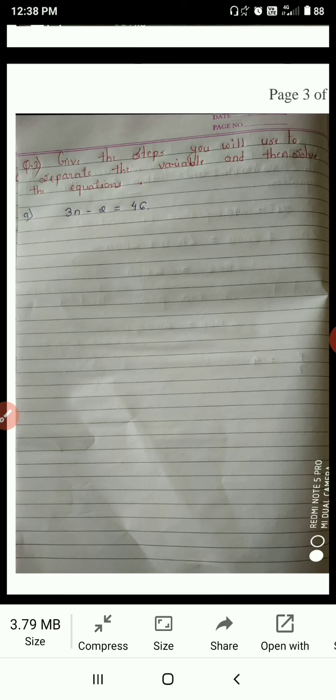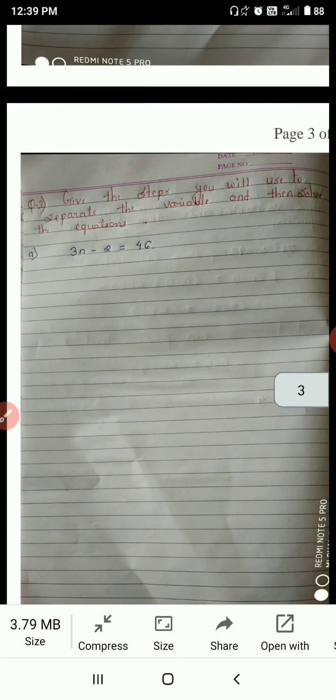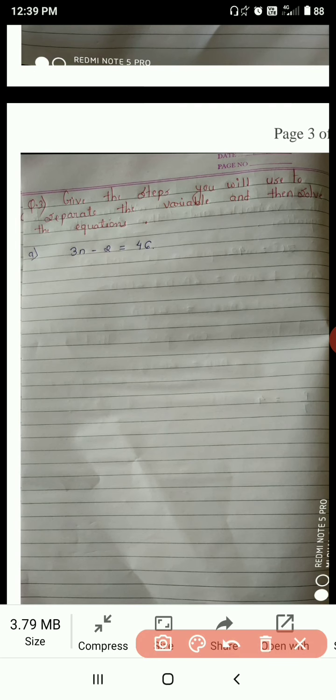So here we want to remove 2 and 3 both, because we want the answer of a variable. So first of all you remove the number which is given with a sign of addition and subtraction. So here minus 2 is given. So we will remove first minus 2, not the number with a multiplication or division.